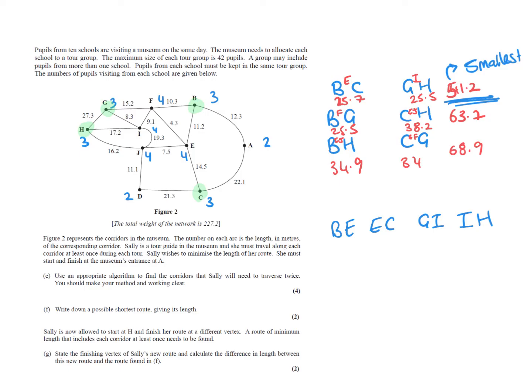So BE, so you draw in an arc. EC, GI, and then IH. Okay, so what you now need to do, this is where I suggest you get your highlighter involved. You get a nice colour. And then as you do it, you need to write it down.